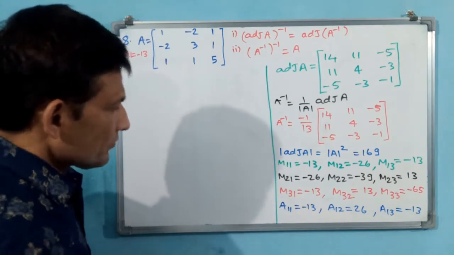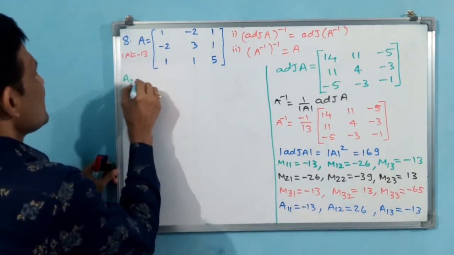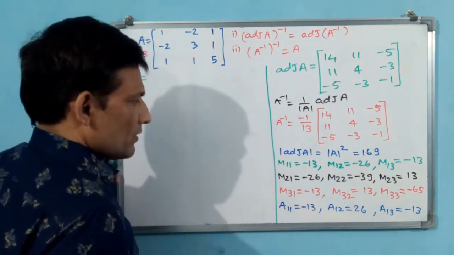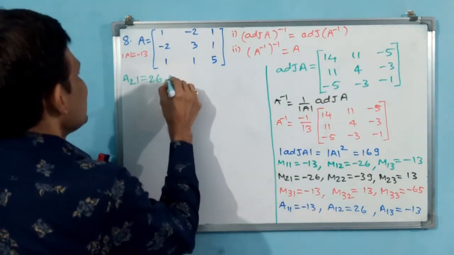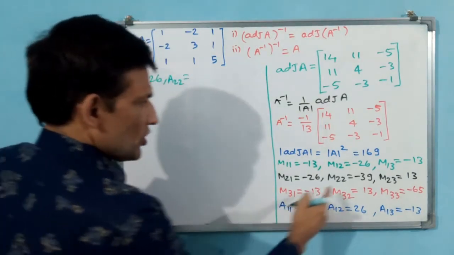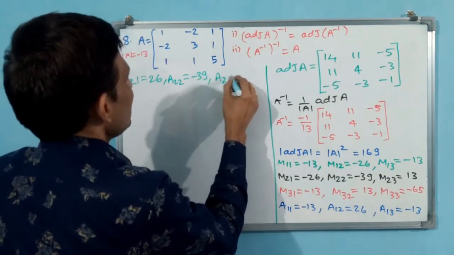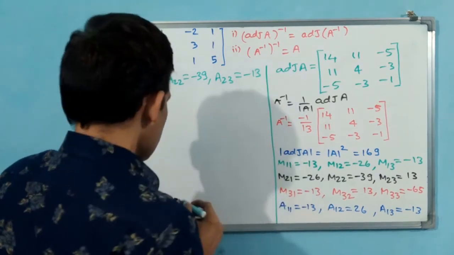Now A21 you have to write. A21, change the sign, 26. A22, no change, minus 39. A23, change, minus 13.